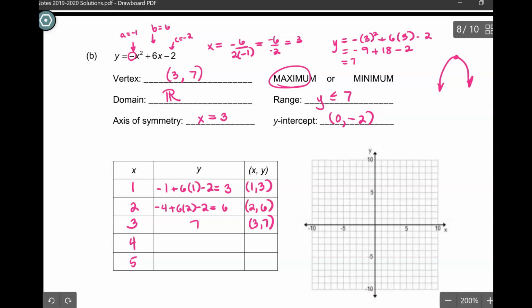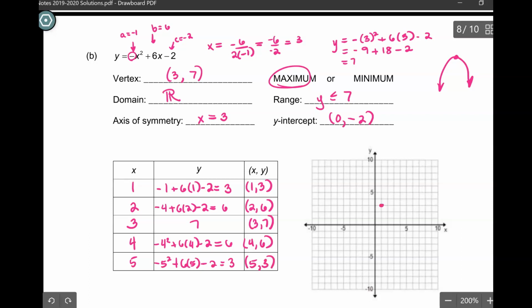So 2, 6. Now when we plug in 4, so -4 squared, plus 6 times 4 minus 2, that will give us 6. And when we plug in 5, we should get 3, so that we have that symmetry. And we do.